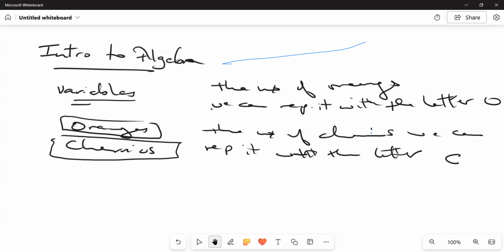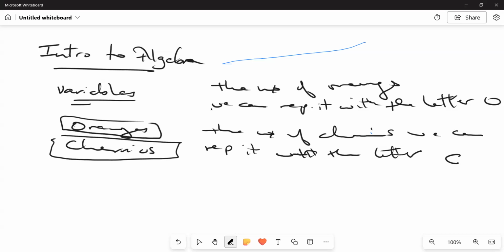So maybe we're dealing with a problem of a vendor selling oranges and cherries, and they have to model a problem. Not just the number of oranges, maybe you deal with the number of pounds of orange or the number of pounds of cherry that the person is selling.